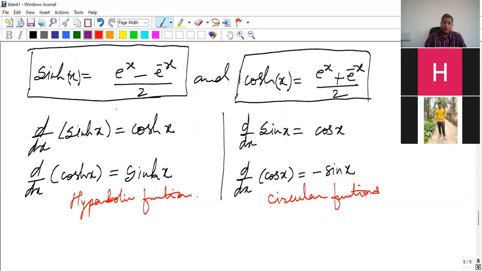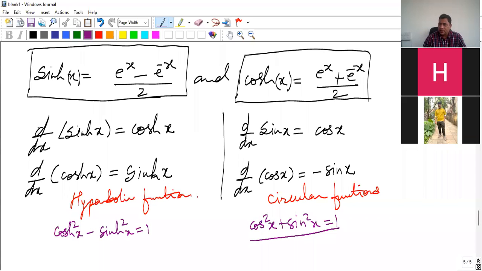The important thing to understand is that the circular functions satisfy cos square x plus sine square x is equal to 1, and the hyperbolic functions satisfy hyperbolic cos square x minus hyperbolic sine square x is equal to 1. This identity represents a unit circle about the origin, whereas this identity represents a hyperbola.